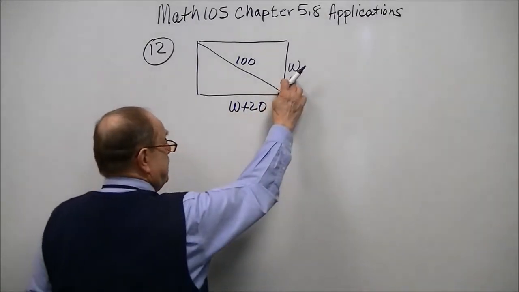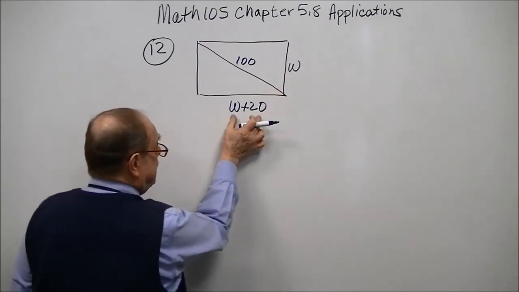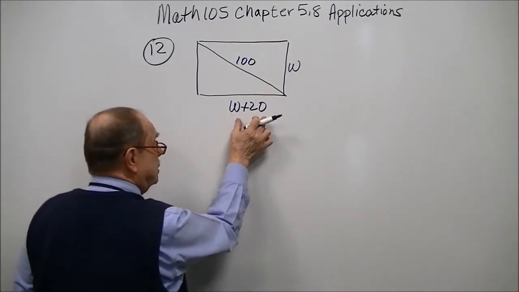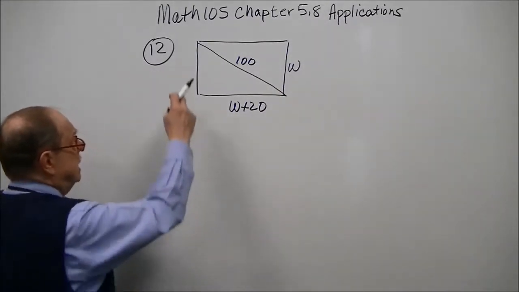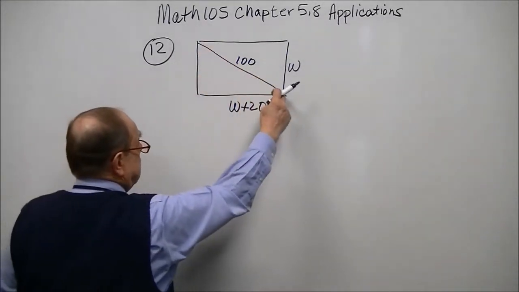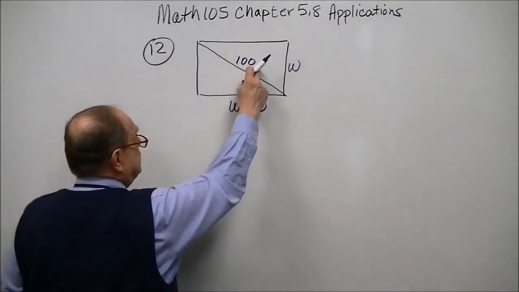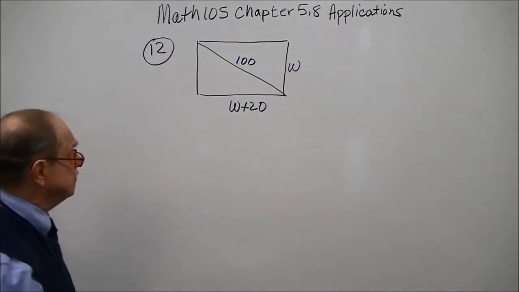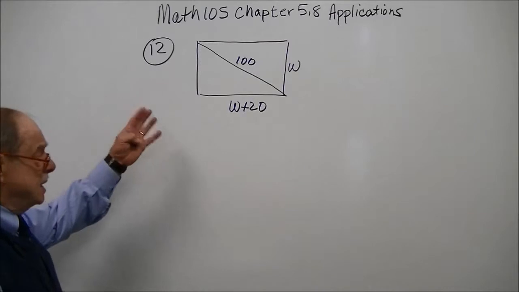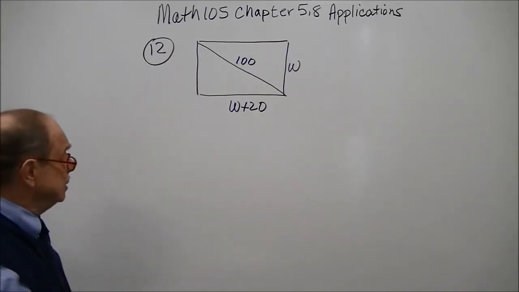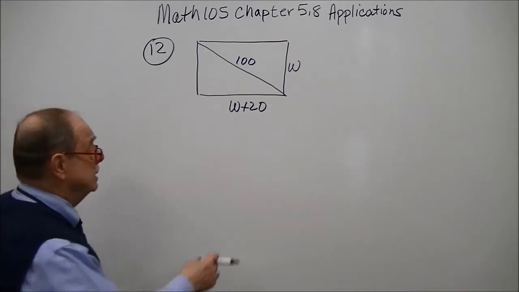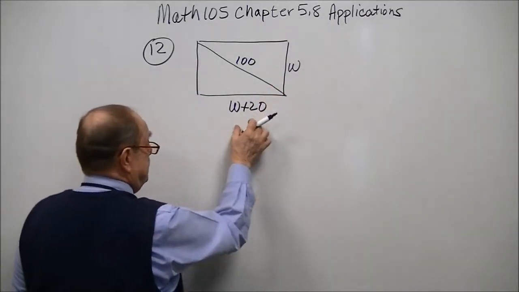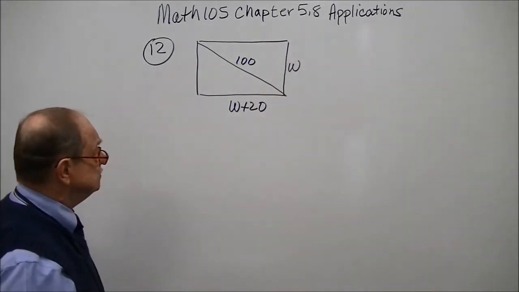So there's our width, and there's our length, 20 feet longer than the width. And they also tell us that they have a diagonal that is 100 feet long. So that's basically what example 12 is. And they want you to find the dimensions. What's the width? What's the length?